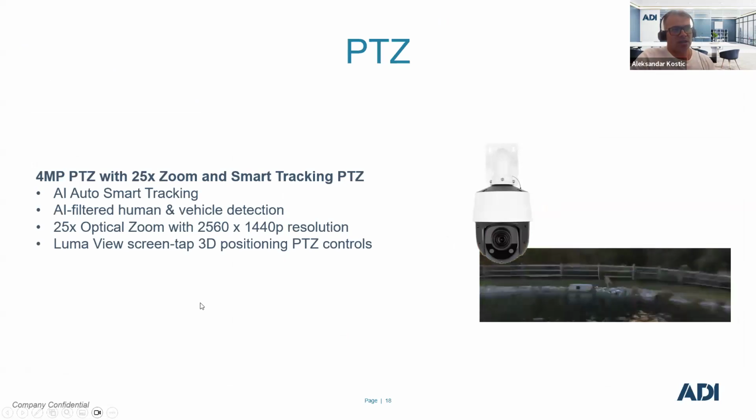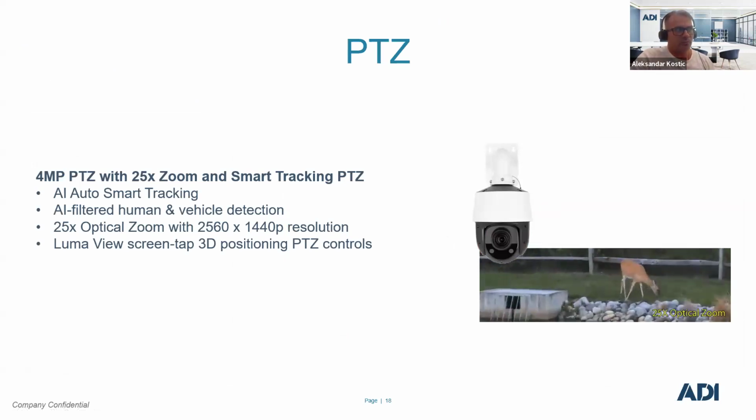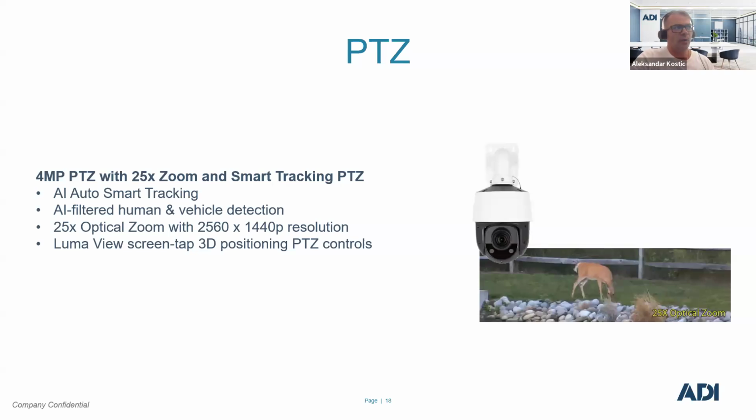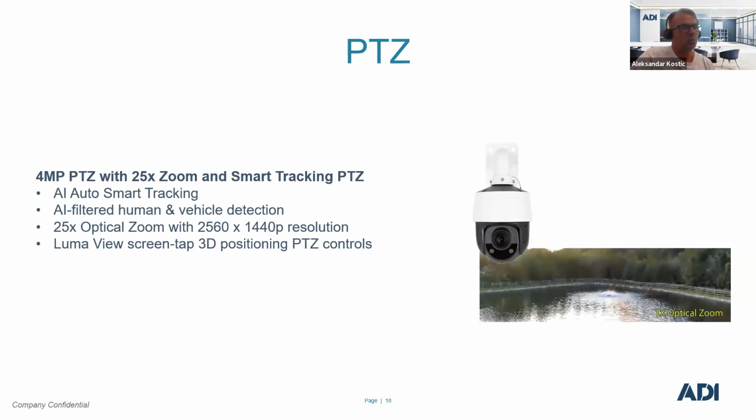Also, a few words about the PTZ cameras. PTZ cameras are quite specific because they provide a completely new range of options related to camera movement compared to the standard cameras. We have two models, a smaller one with 4x optical zoom and a bigger one with 25x optical zoom.